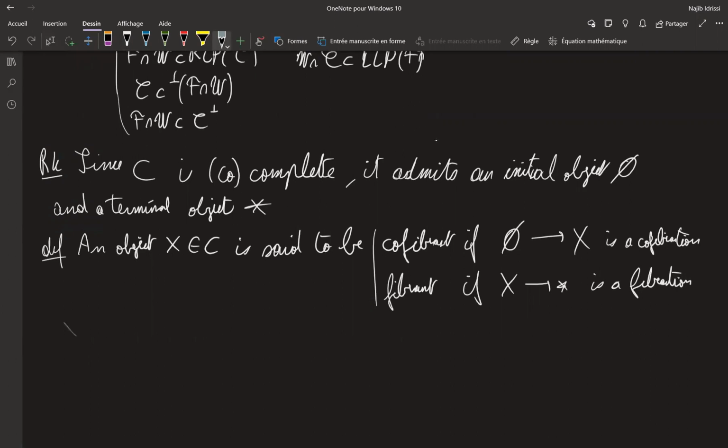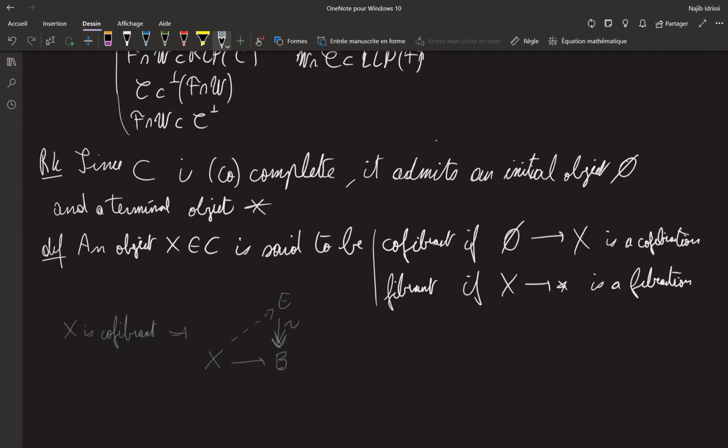So for example, X is cofibrant. This implies that whenever you have something like this, where this is an acyclic fibration, then you can find a lift here.